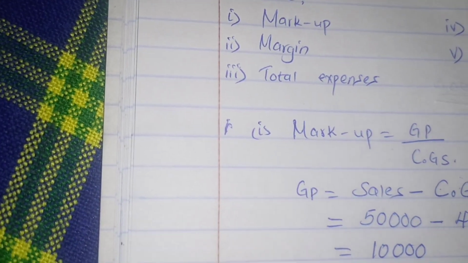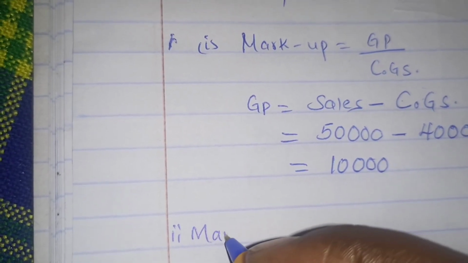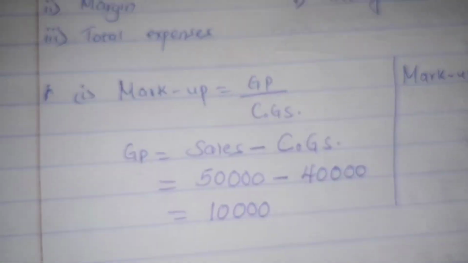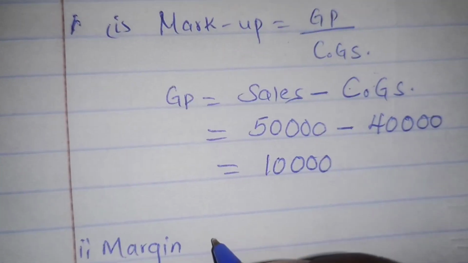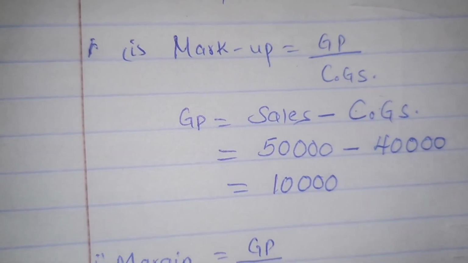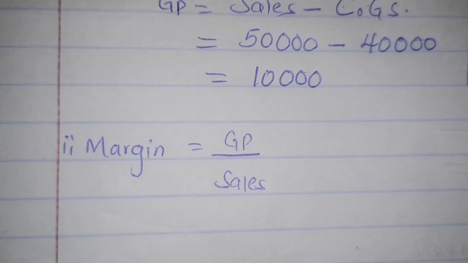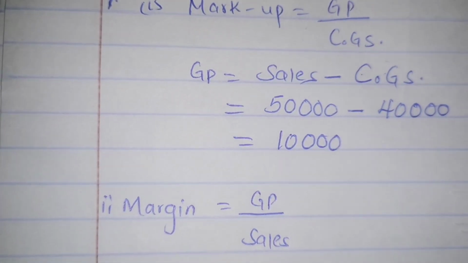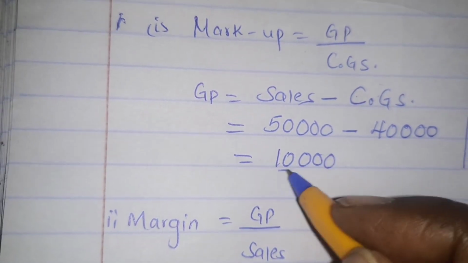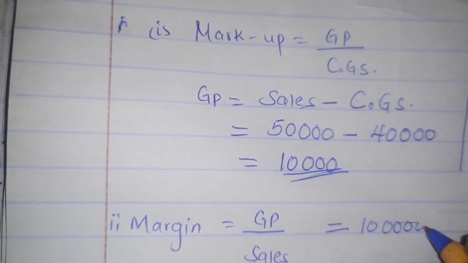Next is our margin. How do we calculate our margin? Now our margin is given by gross profit divided by sales, and to make it a percentage, you can just multiply by 100. Our gross profit we calculated here amounted to 10,000.